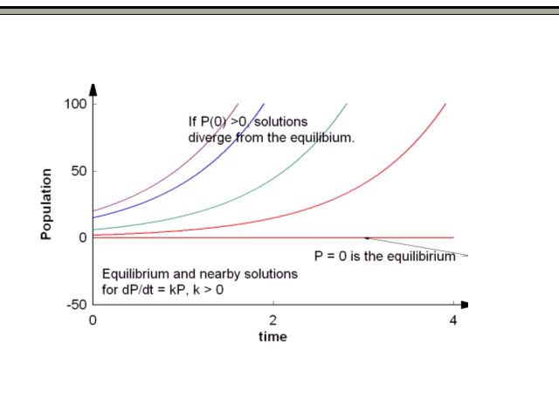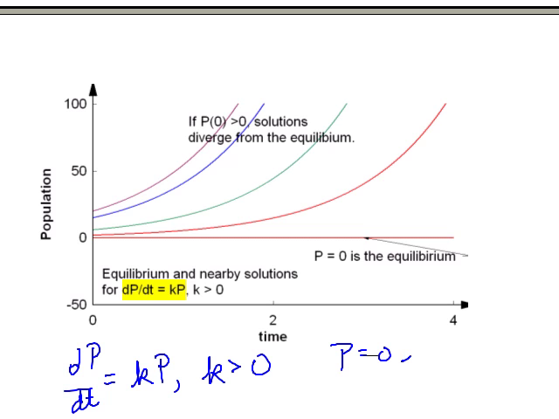Here is the equation. I'll write it out here in bigger letters. The first derivative of the population, that means the rate of change of population with respect to time, is k times p, where k is some positive constant. The equilibrium solution is p equals 0.